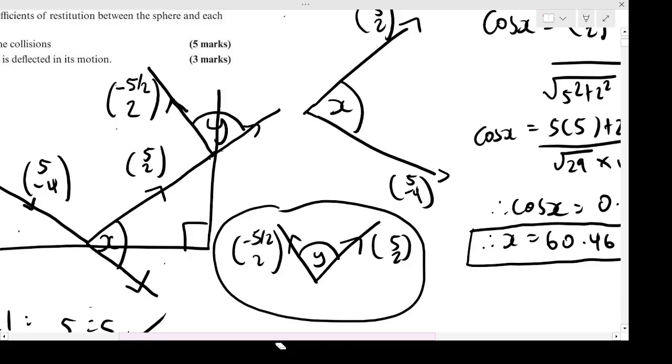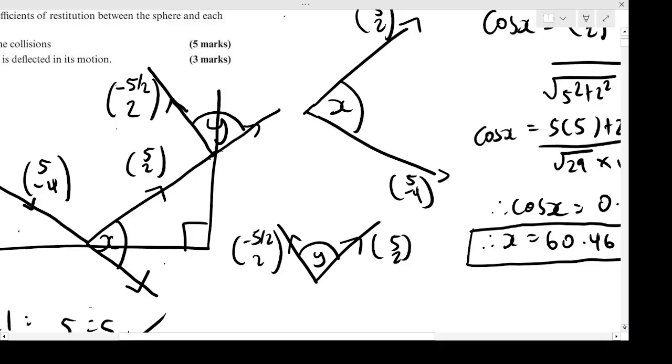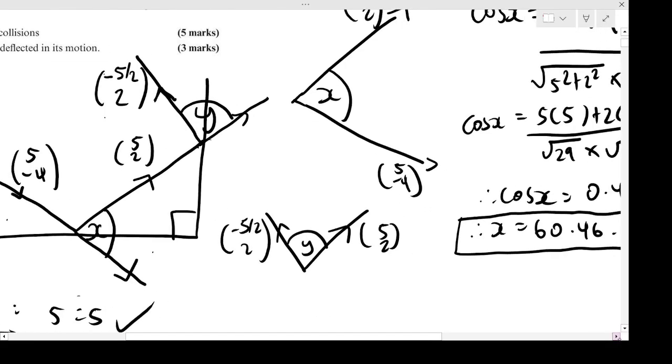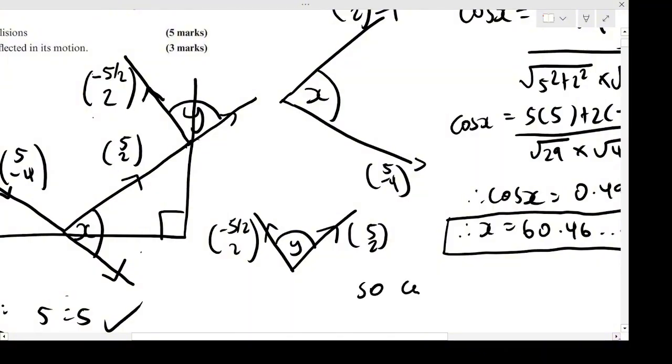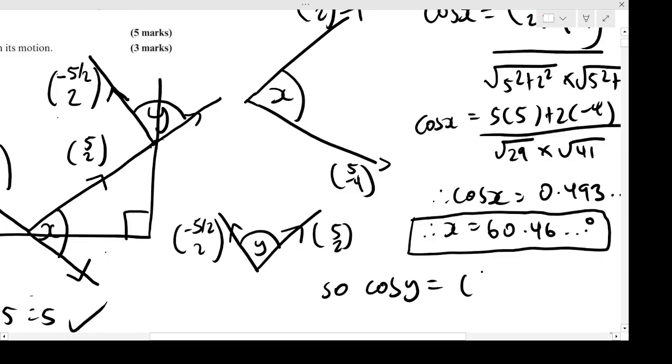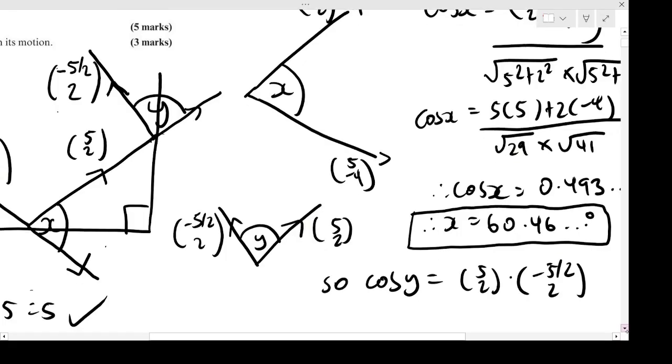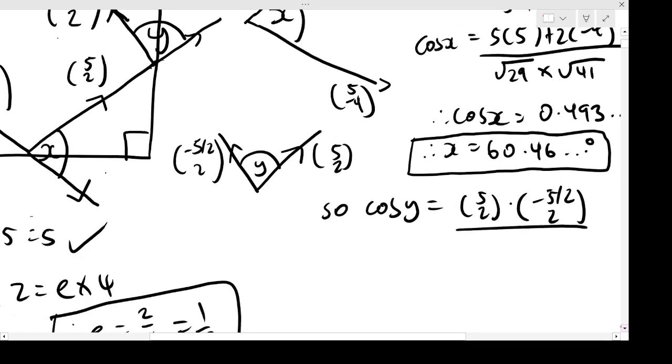And again, I can use the same formula to work out the angle deflection y here. So cos y is going to be (5, 2) dotted with (-5/2, 2), all over the root of 5 squared add 2 squared, times by the root of (-5/2) squared add 2 squared.